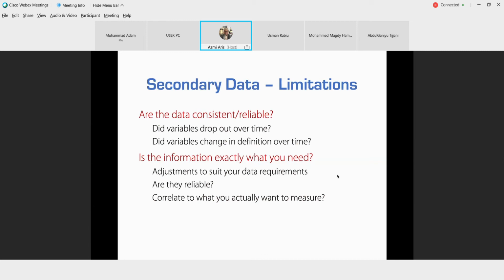For example, this may not be related exactly to your data, but in producing your problem statement, one of the important aspects is the gap of knowledge, which will highlight the novelty of your work.